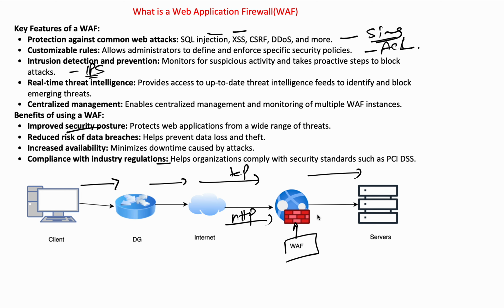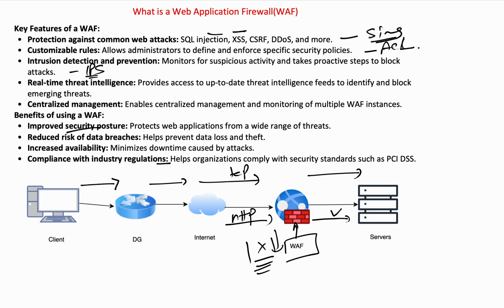If it's found to be fine as per the rules, the ACL, the IPS, and the threat anomaly pattern detection, it'll let it pass. If not, it will be dropped, challenged, discarded, or whatever action you have configured. I hope this is clear.